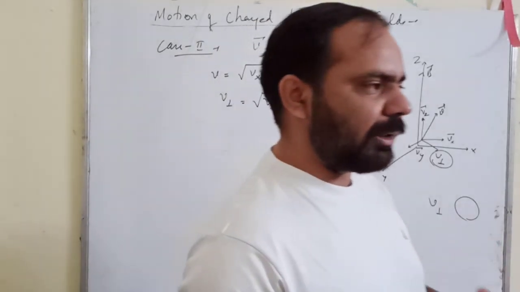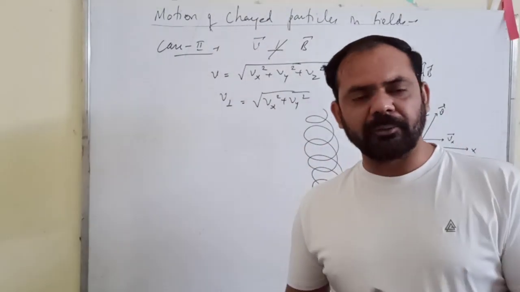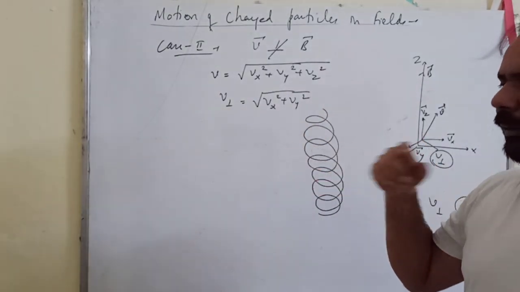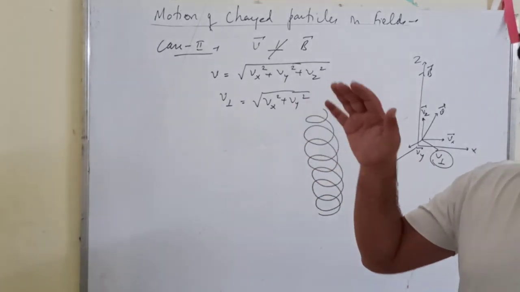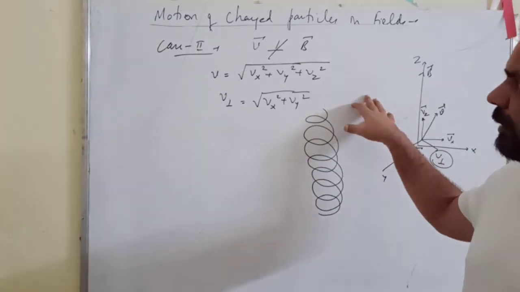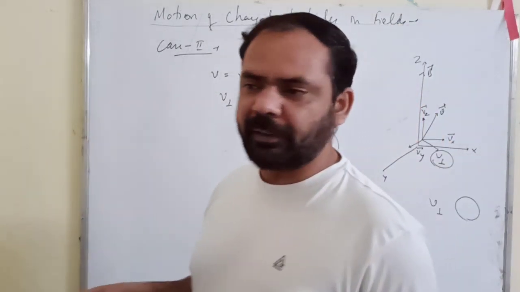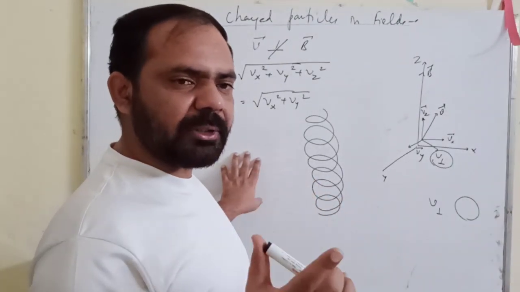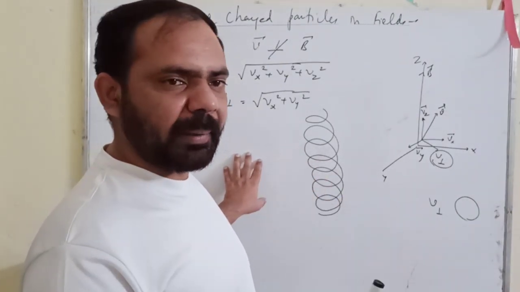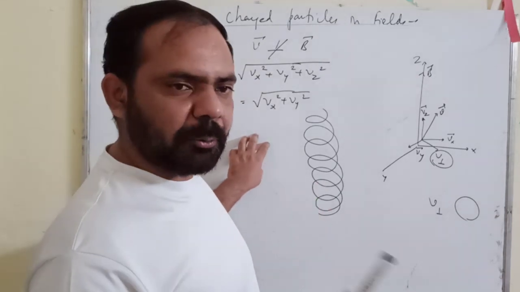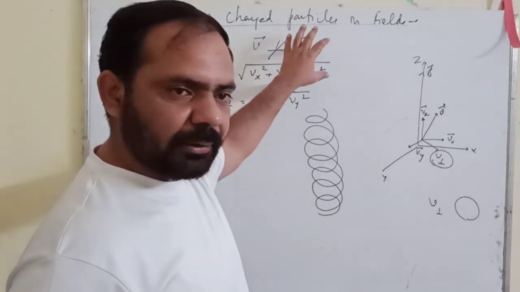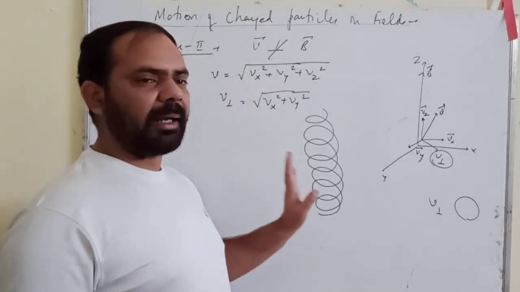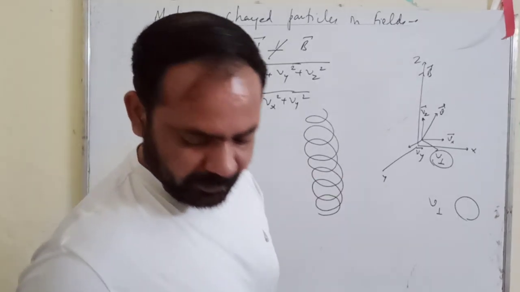Let me give you the summary of the three points we discussed. When a charged particle enters an electric field, it follows a parabolic path. If a charged particle moves inside a magnetic field, there can be two cases. One, the velocity of the charged particle is perpendicular to the direction of the magnetic field, then it will follow a circular path. And if the velocity is not perpendicular to the direction of the magnetic field, then the charged particle will follow a helical path.